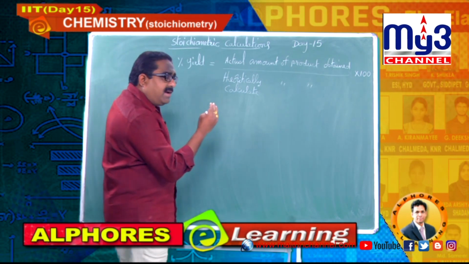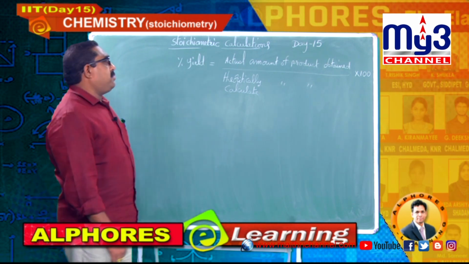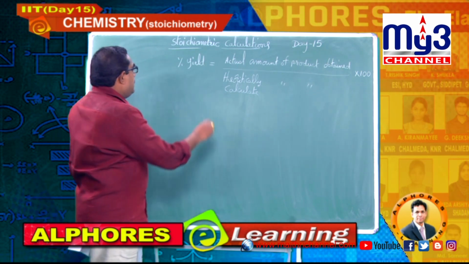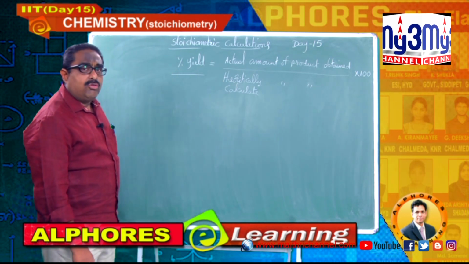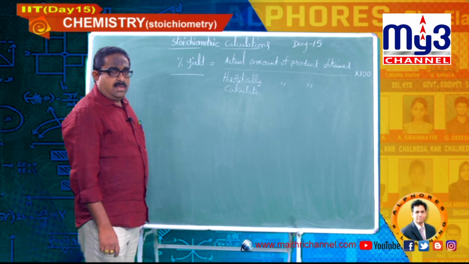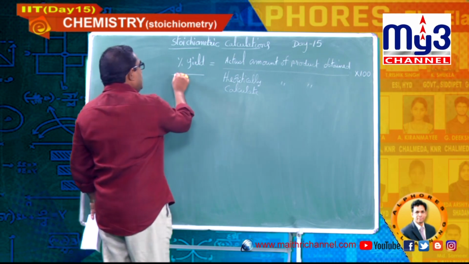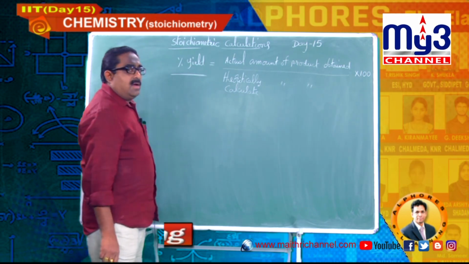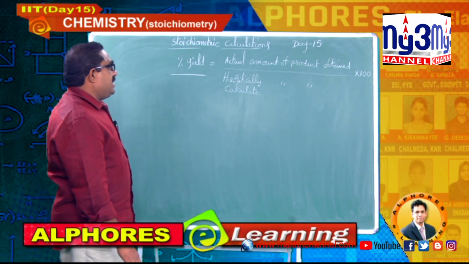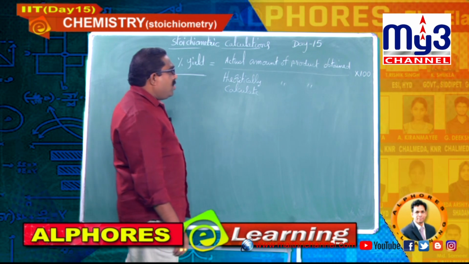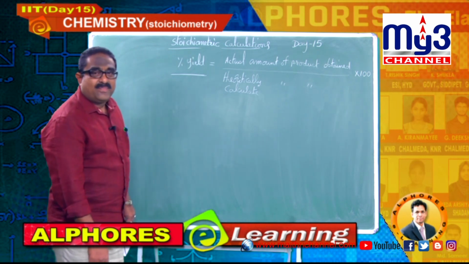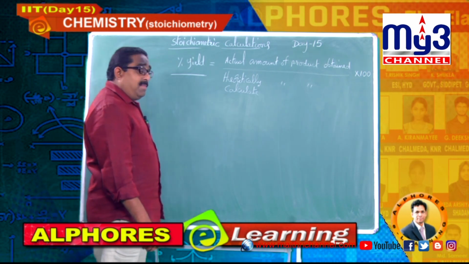Because of the practical losses that occur in the process, we have to use this particular concept. Based on this percentage yield, we can say whether the process is feasible in a more convenient way or in an economic way also.